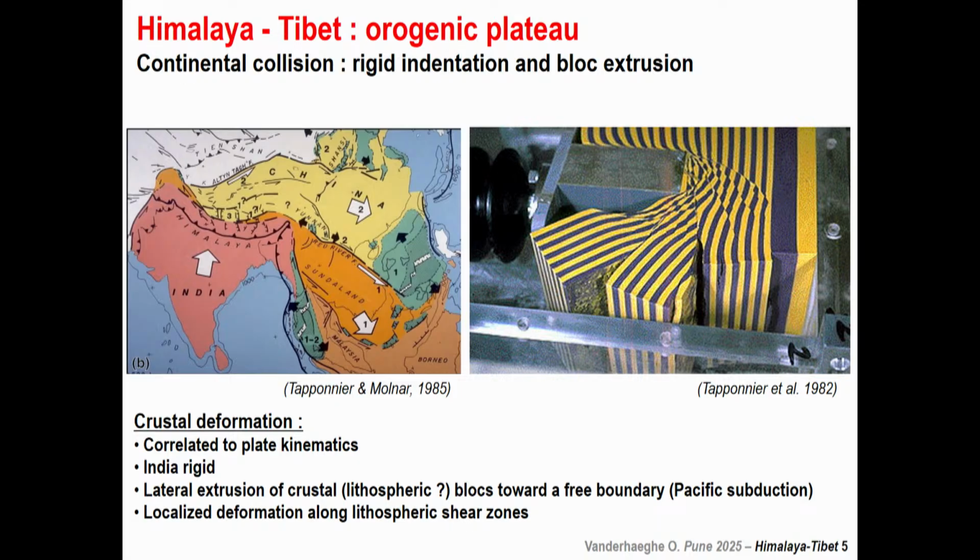So how do we justify that? And that deformation is very localized along crustal to lithospheric shear zones that should be vertical. What this doesn't account for is the crustal thickening and topography, which are first order features here. So obviously something is missing in that model.